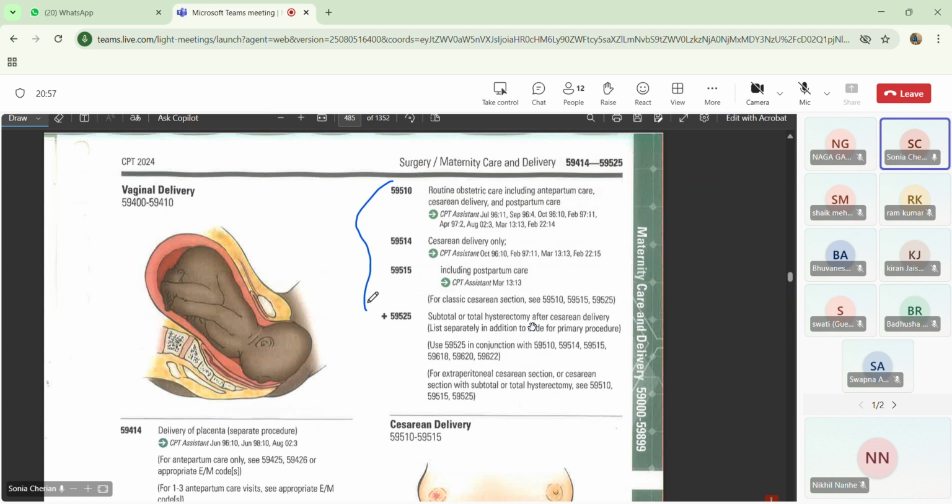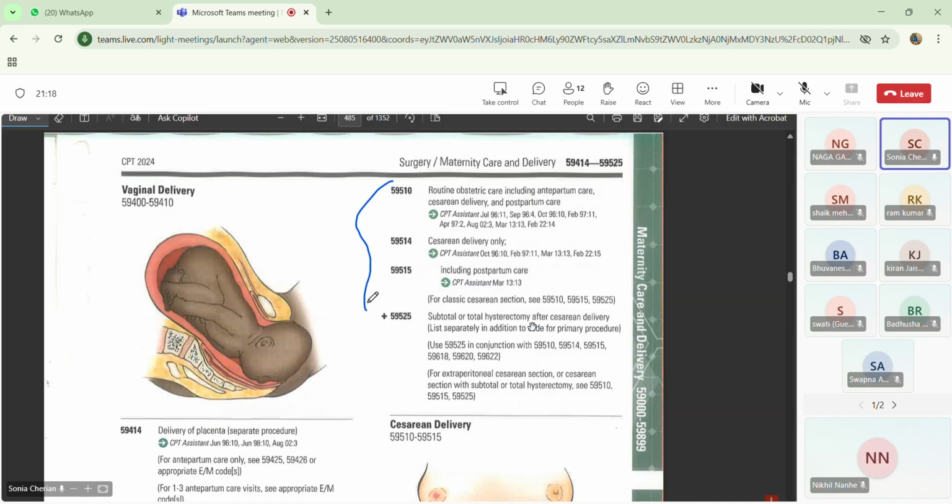Then you should check for the outcome of the delivery. That is very important. Whether the baby is born alive, or born dead, or if it is a stillbirth, whatever the outcome of delivery is, you should code that and sequence it at the end of the ICDs.